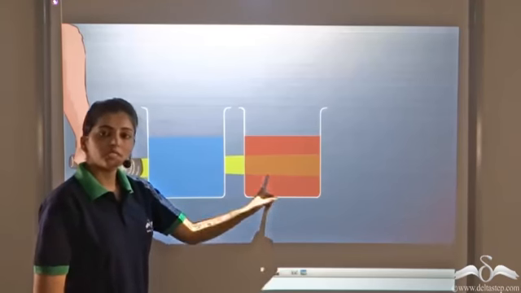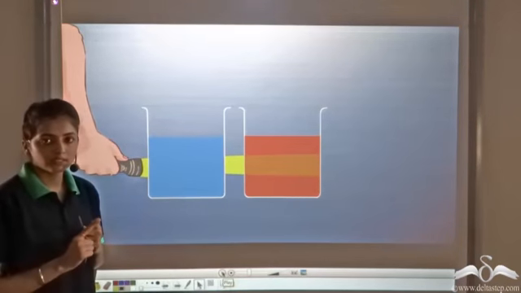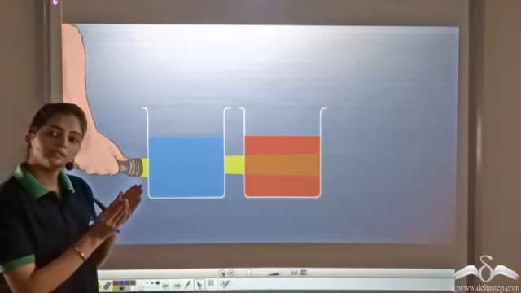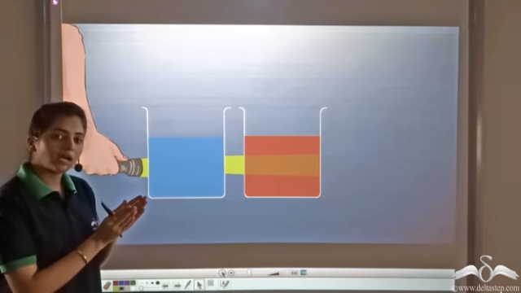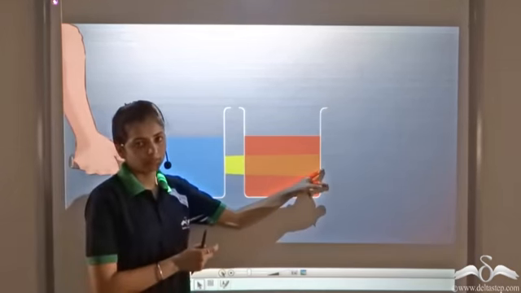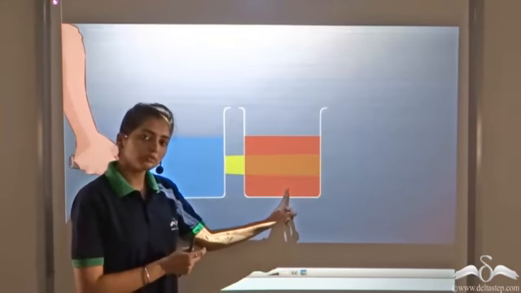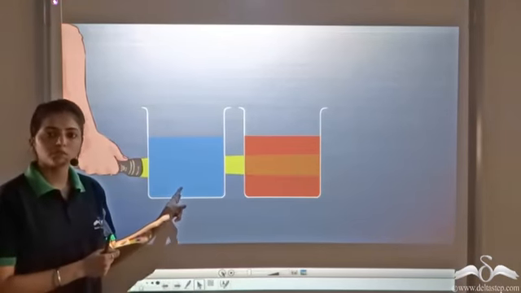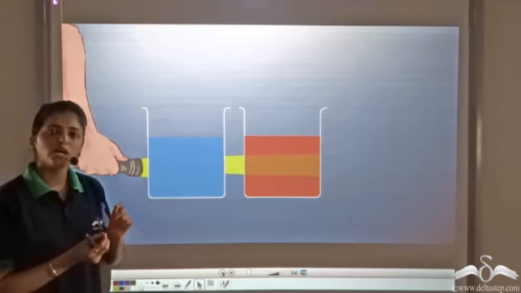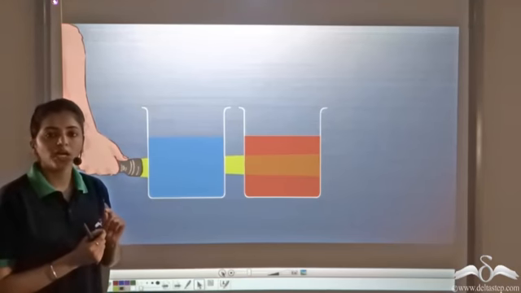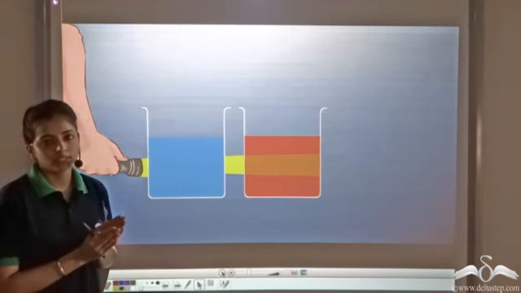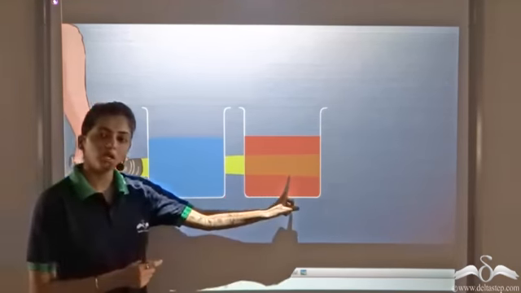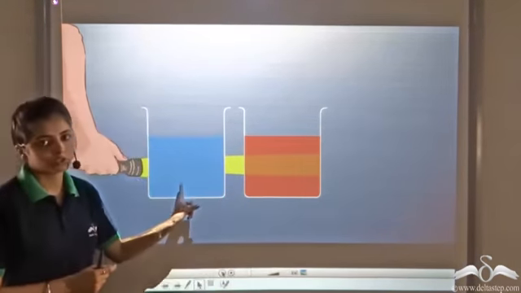This is because we know that some particles in a colloidal solution, as they are big, scatter the light rays. As they are scattered, their path becomes visible. So this is a colloidal solution. A true solution cannot scatter the light rays. This is because the particles of a true solution are very small. They do not have the property to scatter the light rays. And hence, Tyndall effect helps us in distinguishing a colloidal solution from a true solution.